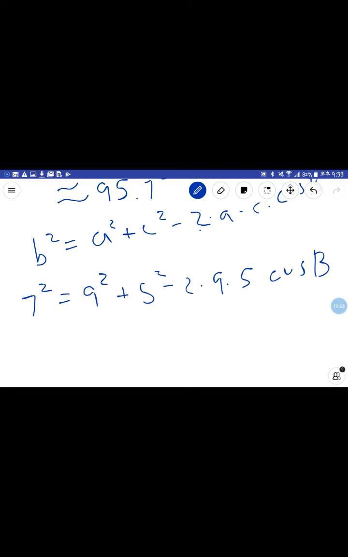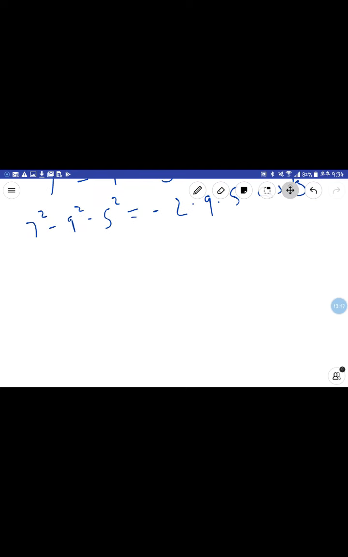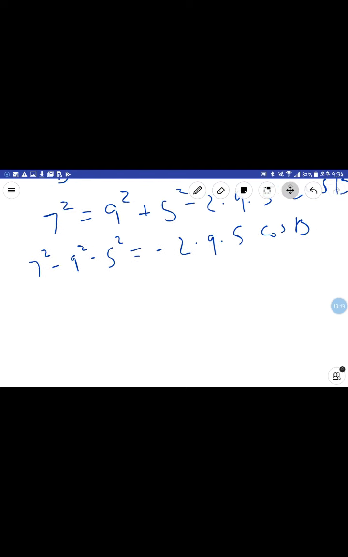Now move everything back. 7 squared minus 9 squared minus 5 squared. I'm afraid I make another mistake. Alright. Hold on. Equals negative 2 times 9 times 5 cosine b. Now what do we do? We're going to divide by negative 2 times 9 times 5 on each side.